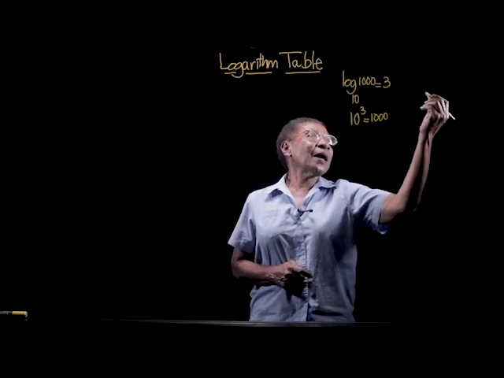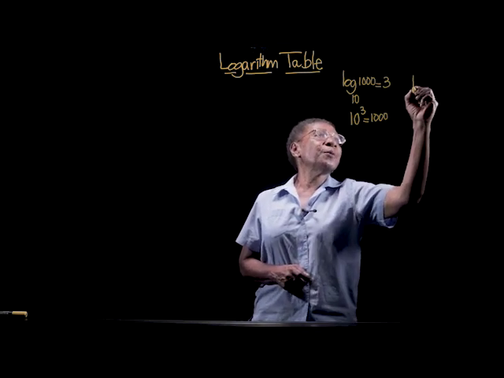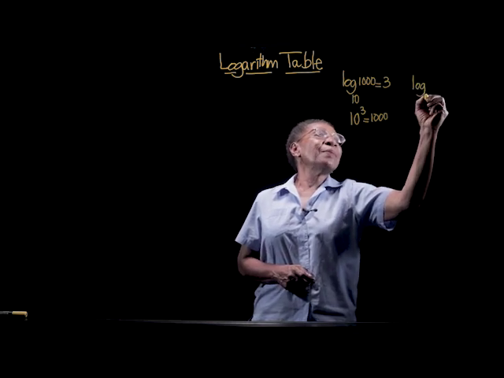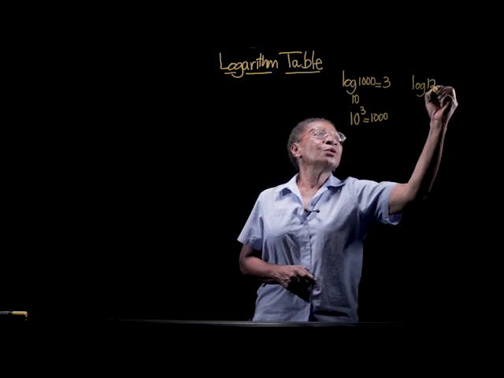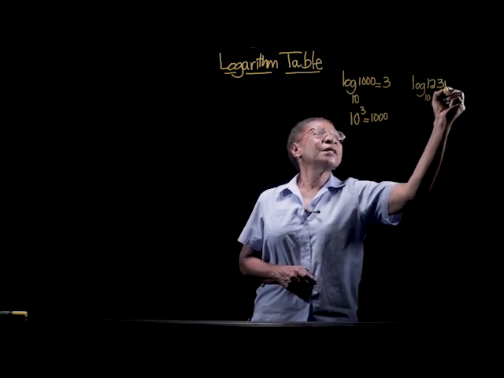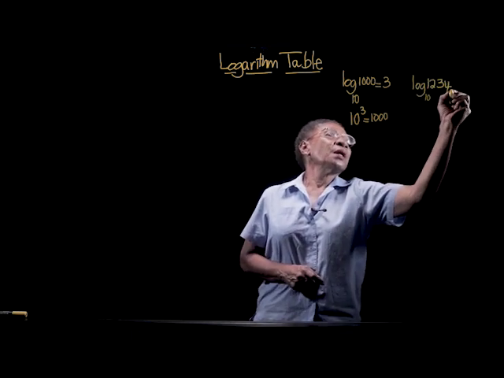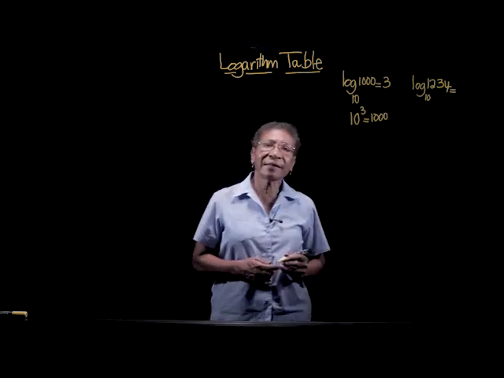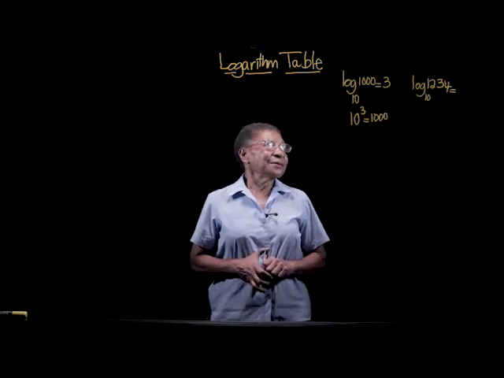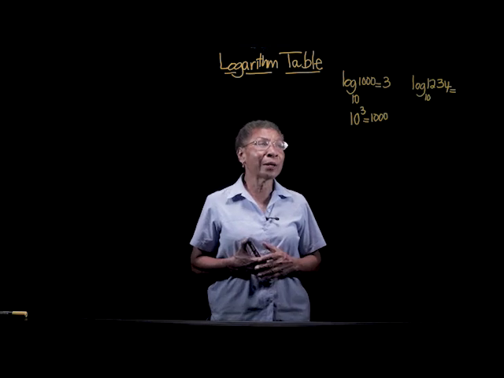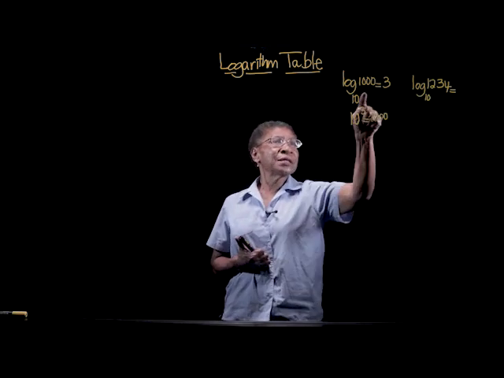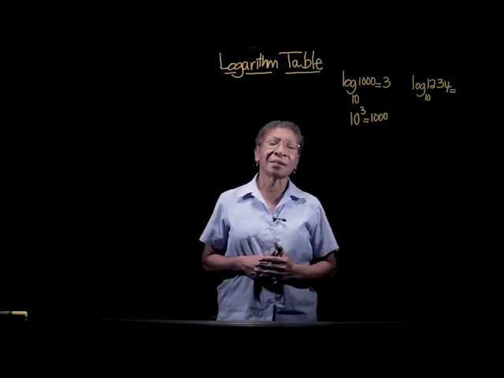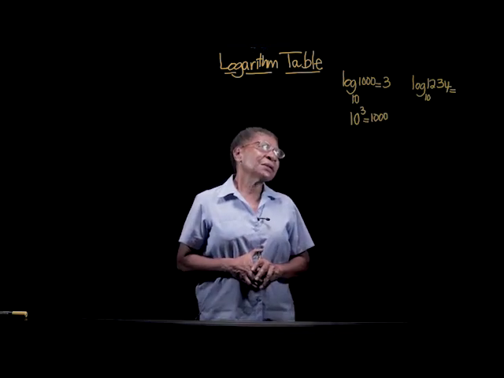Then let's look at another, more complex number, a bit bigger than 1000. That would give me log base 10 of 1234. Looking at that, it looks scary. How am I going to calculate the power? It is easier on this side, but not on that.